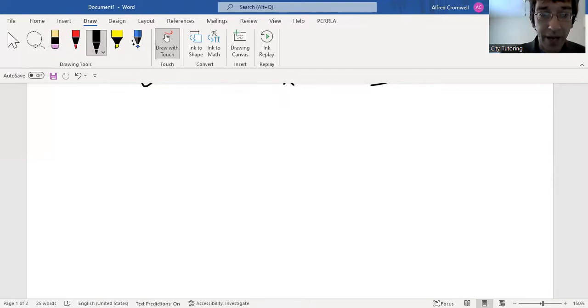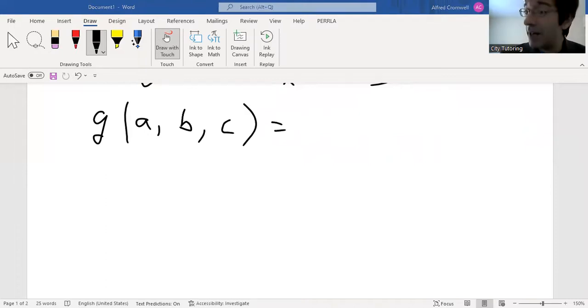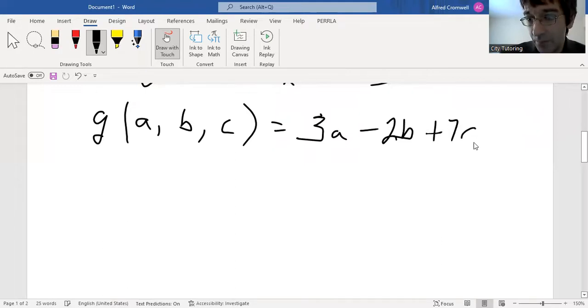This time we're going to say g of a, b, and c is 3a minus 2b plus 7c squared. You can do that. So the question then is, let's evaluate at three new points: g of 3, -5, -1.